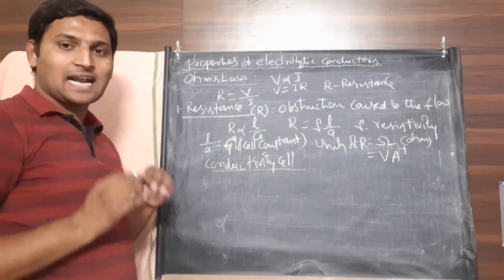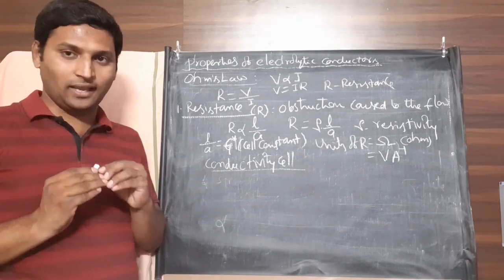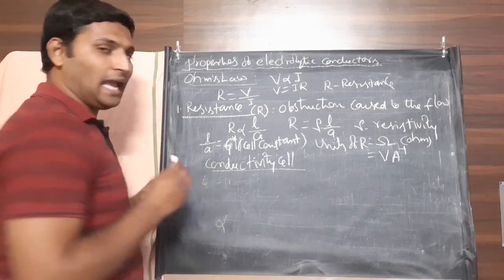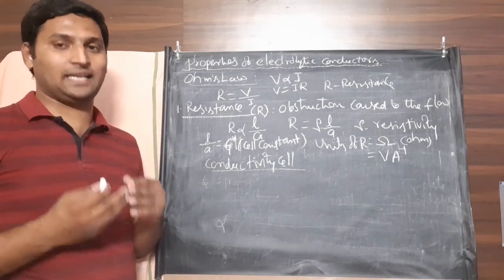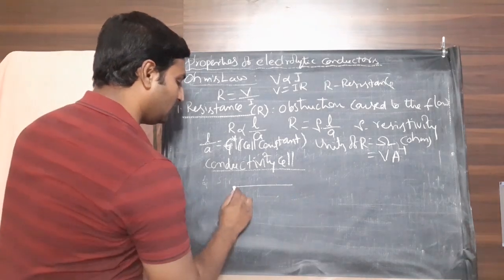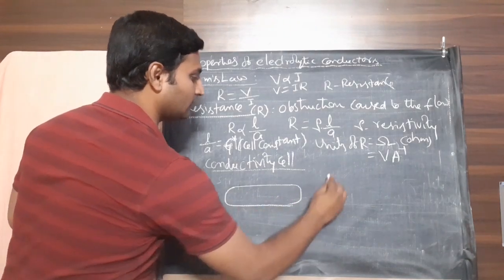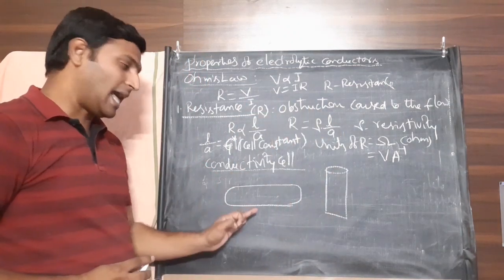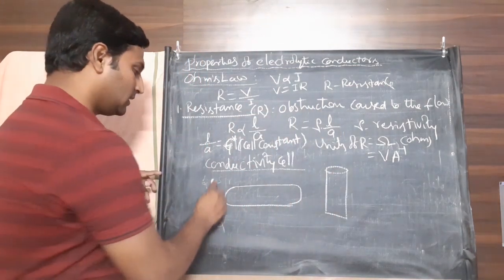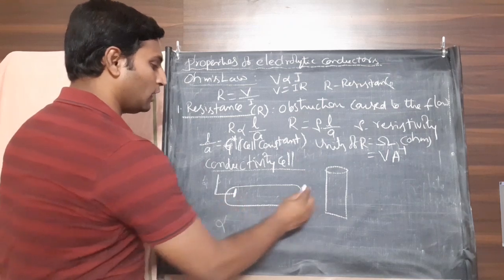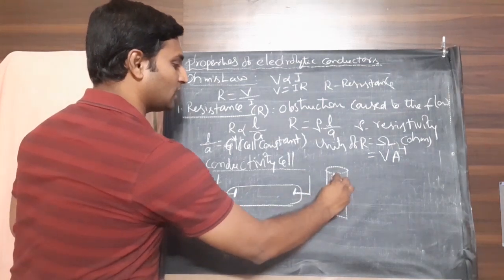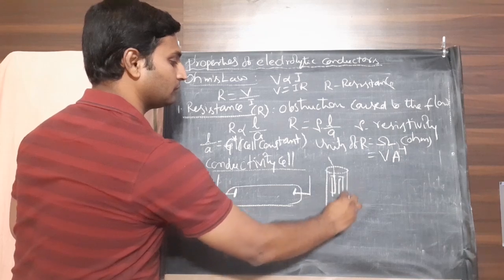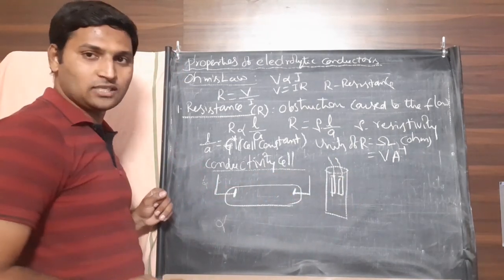Conductivity cell is a small device which is a long glass tube made of Pyrex glass, either horizontally or vertically designed, to the walls of which electrodes are connected or in which electrodes are placed.